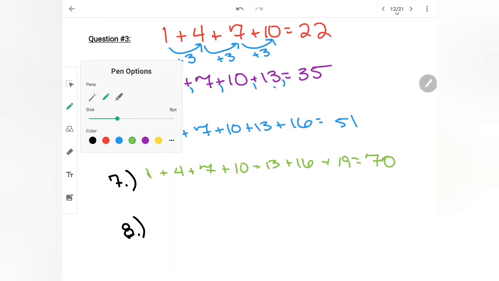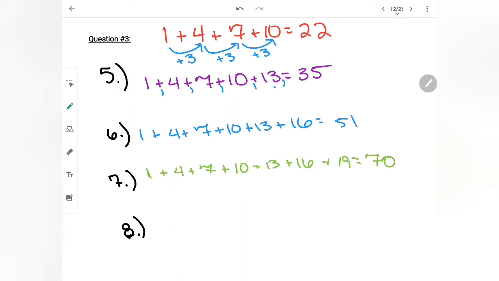Looking at the 8th sequence, we left off at 19, so there is a 99% chance that our next number is going to be 21. I'm sorry, 22. 19 plus 3 is going to be 22.